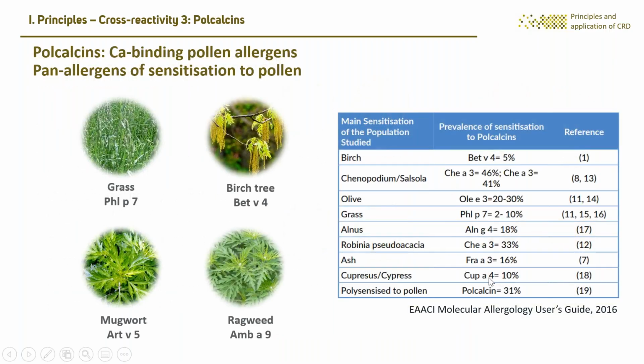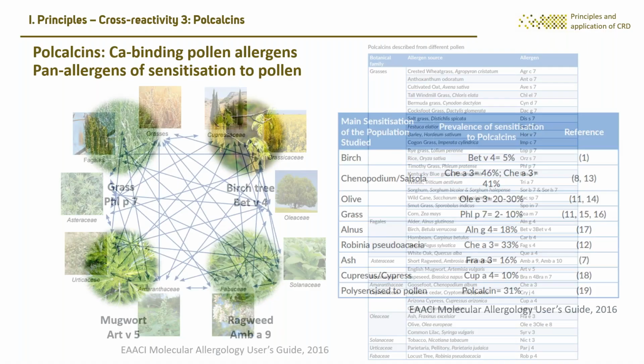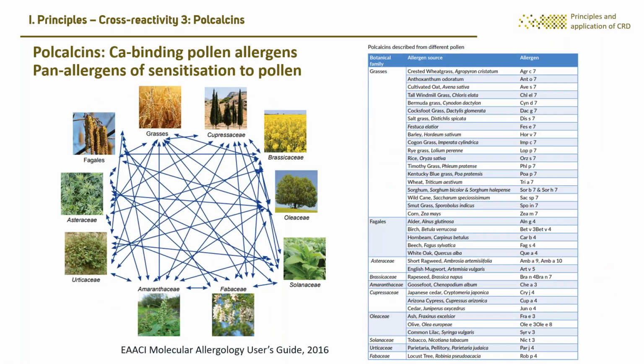Another very prominent example is the polcalcins. Polcalcins are also found in virtually any plant pollen. Please don't read the details of this table. This should just illustrate here on the right that there is a huge number of polcalcins which have been isolated, described and characterized. And here on the left, each arrow represents a confirmed cross-reactivity between polcalcins from all these different species.